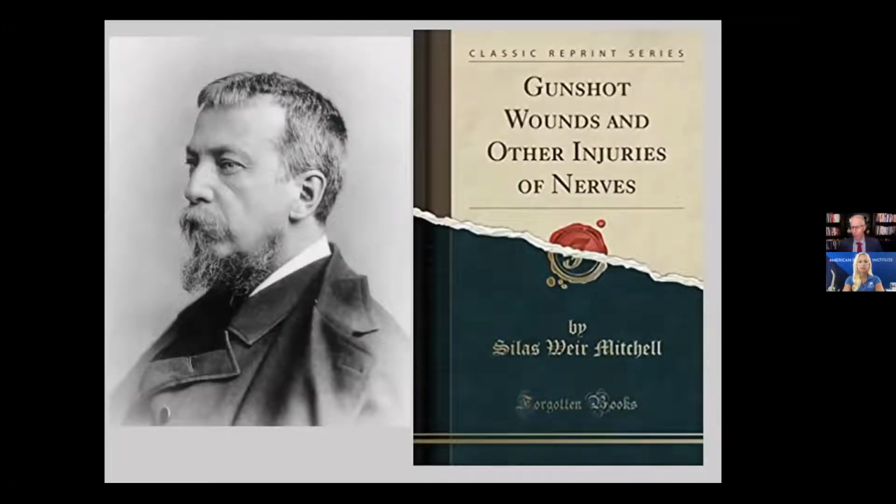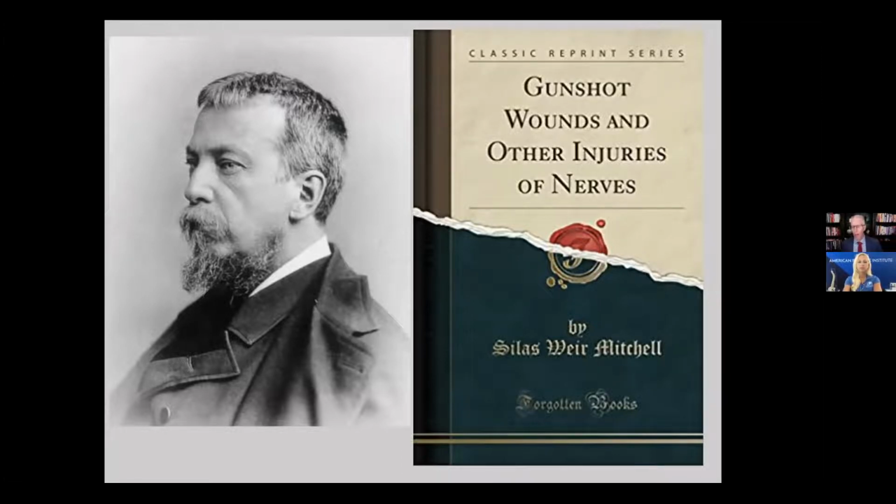One of the most interesting books that I've found is an old book from like 1875, and it's from an old doctor named Silas Mitchell, and he was studying a lot of the veterans from the Civil War who were shot with balls, and they were injured. And what he found was that the ones who had their nerves injured had vastly different pain scenarios than the other just standard injuries.